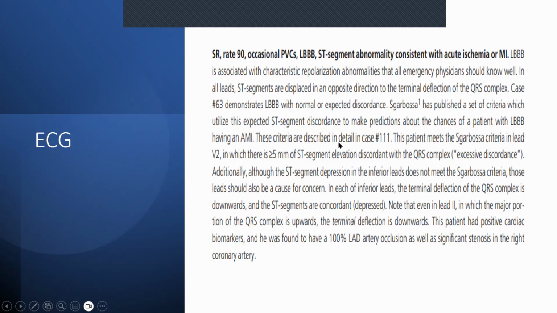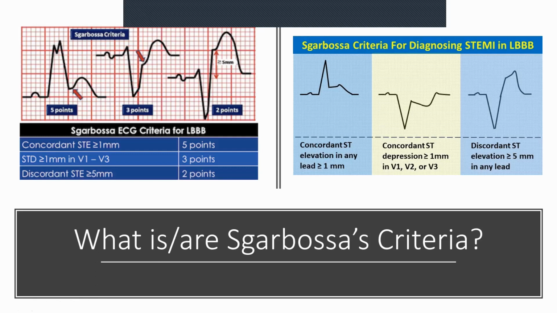Now, I'm not going to go into all of this right now, but we're going to have a look at it on the next one. All right, so let's just get into them. So these are Sgarbossa's criteria. Dr. Sgarbossa came up with this. Now, it has a scoring system as well. So remember, we talked about concordance and discordance. So basically, concordance is a bad sign, right? In other words, if you have up and your ST is up, that's a bad sign.